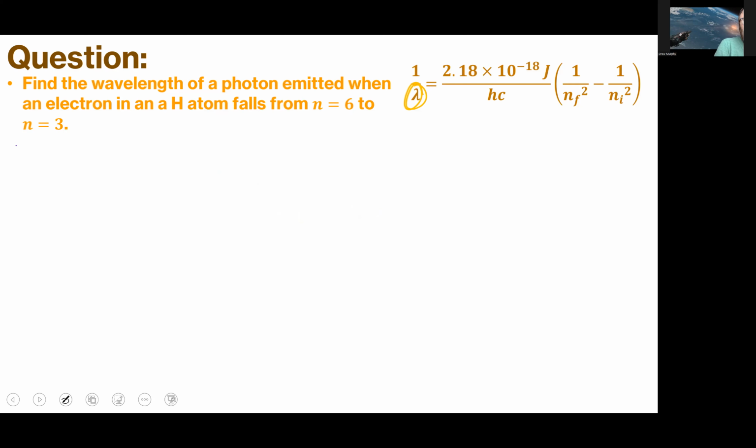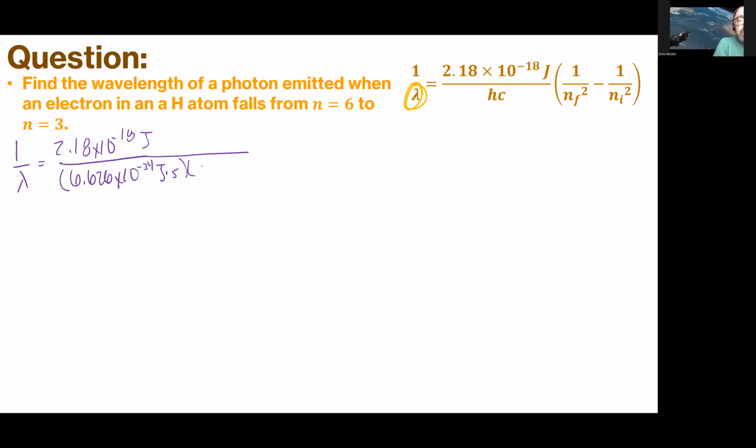So 1 over wavelength is 2.18 times 10 to the minus 18th joules over H, which we said is 6.626 times 10 to the minus 34th joule-seconds, and C is the speed of light, 2.998 times 10 to the 8th meters per second.